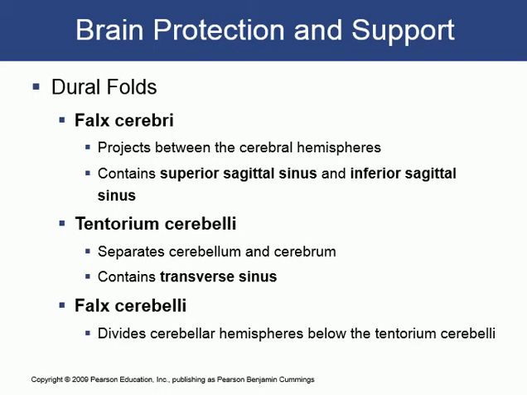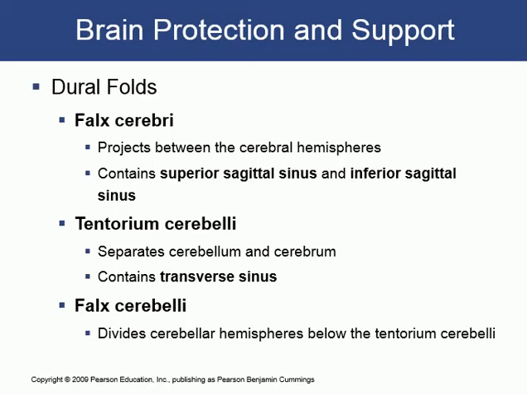Cerebrum is the main part of the brain. This is the huge part. All other things are smaller parts, smaller units. So falx cerebri is the dural fold between the two cerebral hemispheres. You have one cerebrum here, one cerebrum here, and there is a fold in between, separating the two parts. And this is called the falx cerebri.